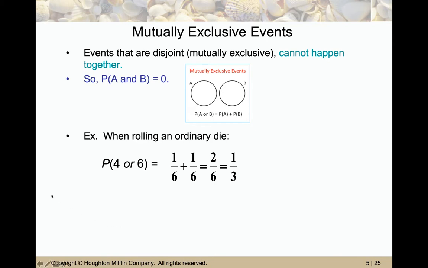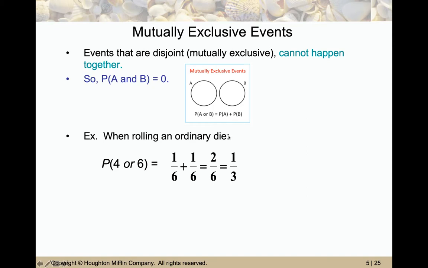So the probability of A and B is equal to 0. Okay, so there's no overlap. So if you were to use the general formula, you would always be subtracting off 0 when you did the probability of A and B. So you can simplify it and do the probability of A plus the probability of B.